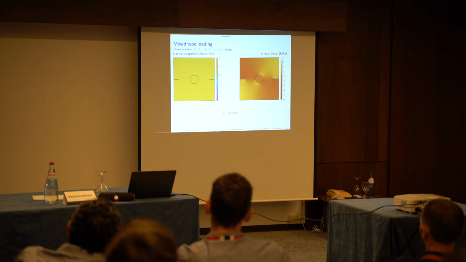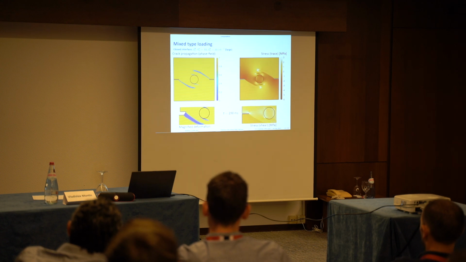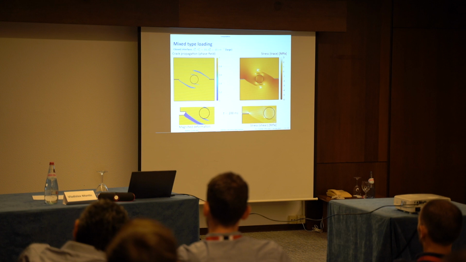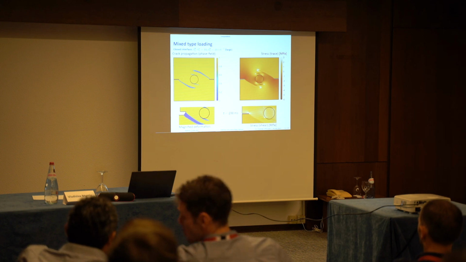And finally, in the case of a large value of the GC at the interface, there is no crack on the interface. Nevertheless, due to various material parameters of the inclusion and matrix, there was a concentration of energy which made the phase-field crack appear there.